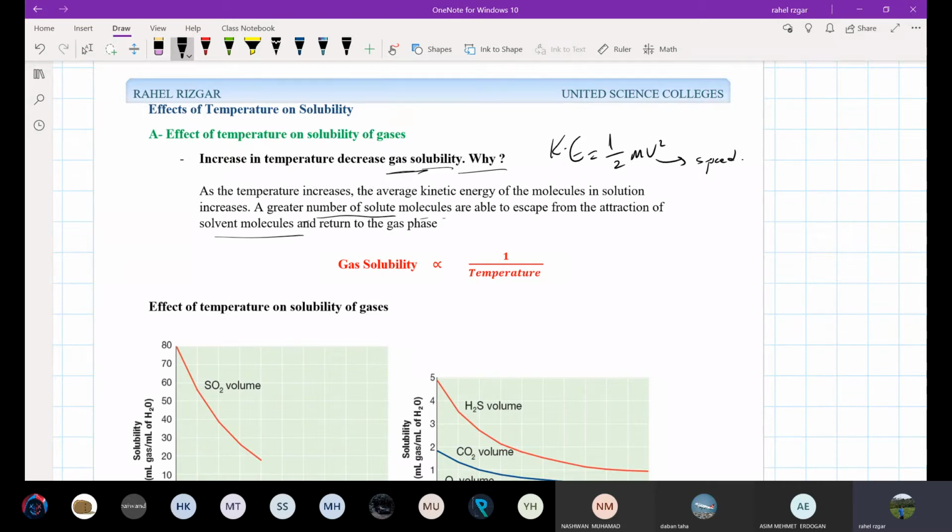If you drink the beverage from the fridge after 1 hour and the one from outside after 1 hour, you can see that less gas has escaped in the one in the fridge, the cold one. Less gas has escaped, so more solubility is present. But the one outside, since it's hot, has a higher temperature, and the gas particles have escaped a lot more. So the solubility of the gas has decreased.